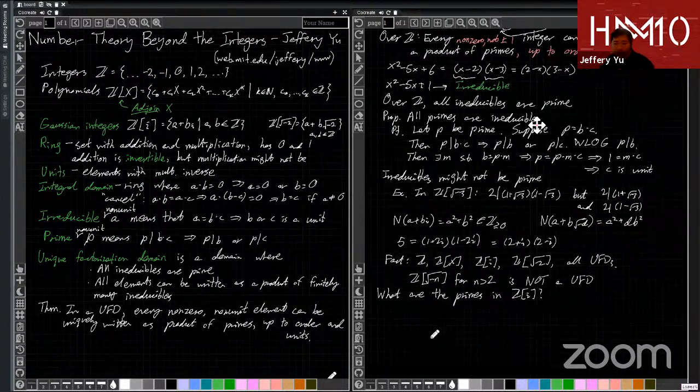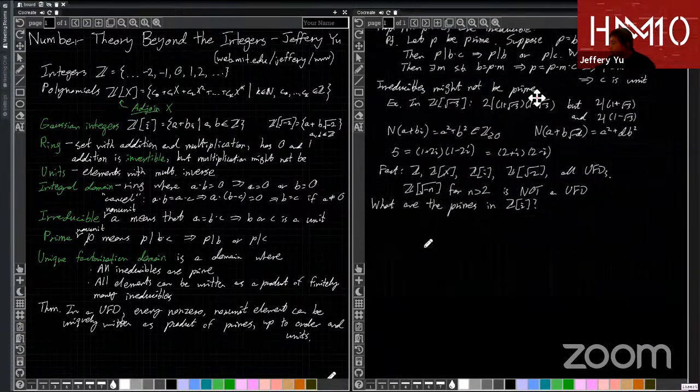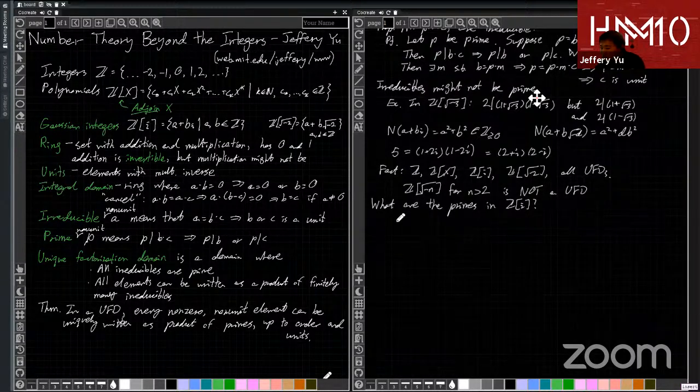All right, let's scroll down a little bit. So what are the primes in the Gaussian integers? Let's just state these. This is something you would prove in a class studying number theory and approaching Gaussian integers. I'm just going to tell you the results.